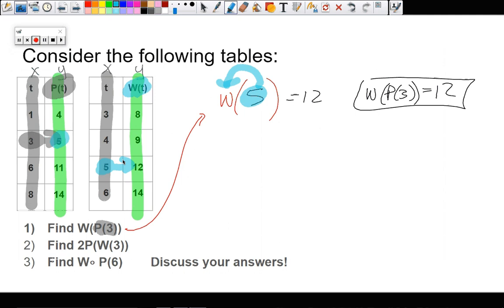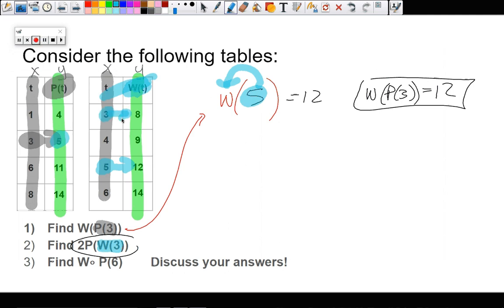All right, let's come over here. This one says 2 times p of w of 3. So what we're going to do is we're going to find w of 3 first. So find the w function. Okay? If I plug in 3, what do I get? 8. Okay? So here's the w function right here.